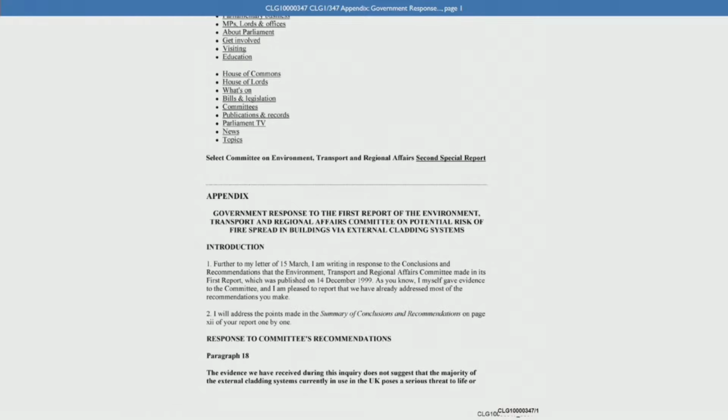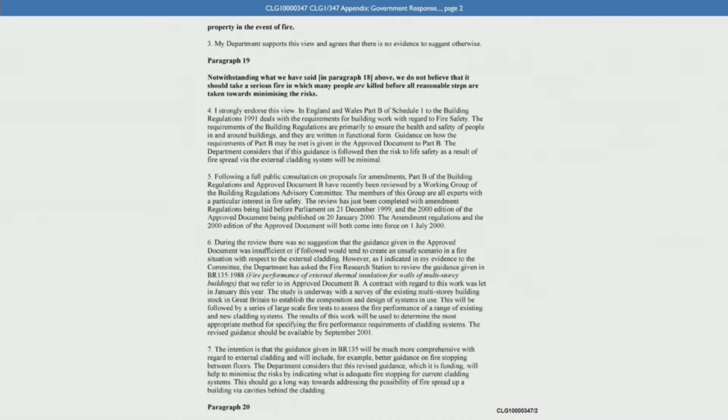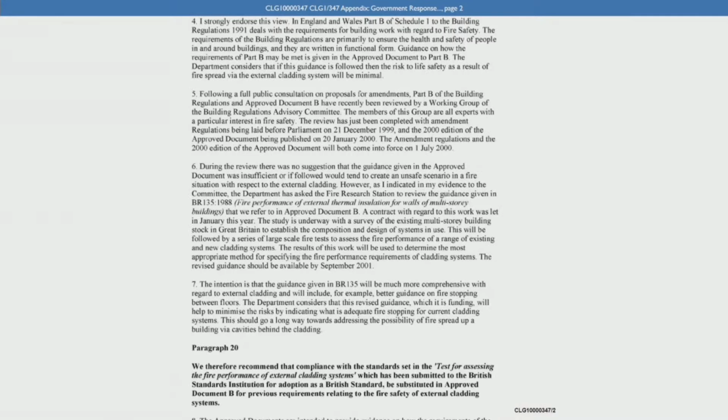And then if you go to page 2, please, in paragraph 5, it sets out the Department's details of the consultation which has taken place on the amendments to the 1992 version of approved document B, which is the version of ADB as it then stood. Yes? Yes. I'm summarising it, perhaps, inelegantly.